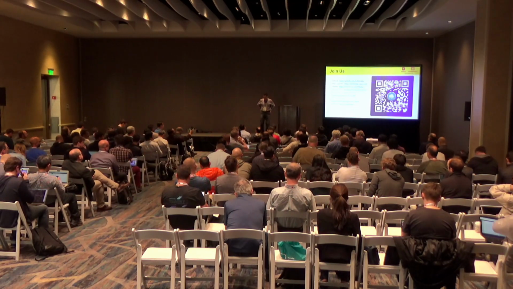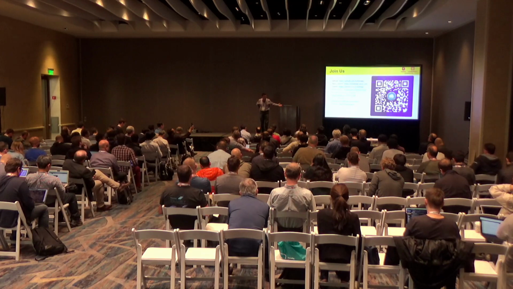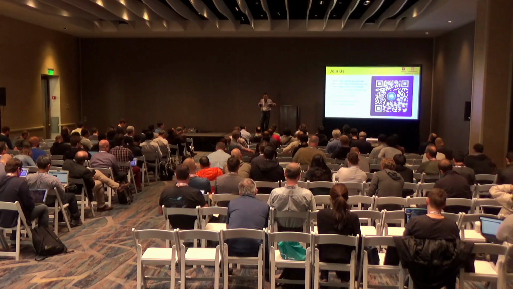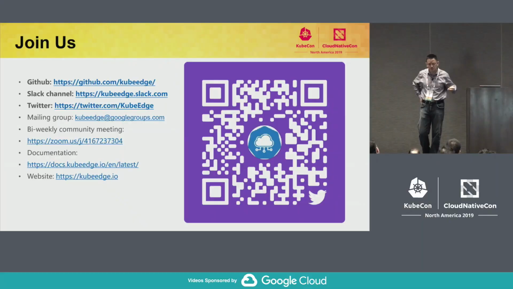So right now we can run as small as 70 megabytes to start the engine, right? And because right now we only support containers, we could potentially even cut it smaller if you just want to run a process. We have plans to run either processes or VMs through the orchestration engine.